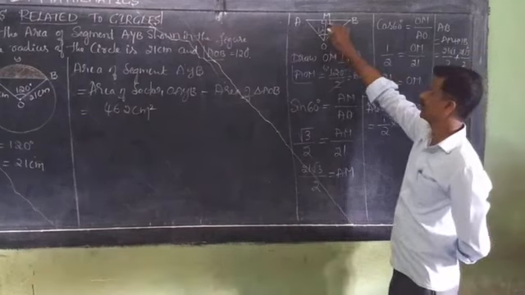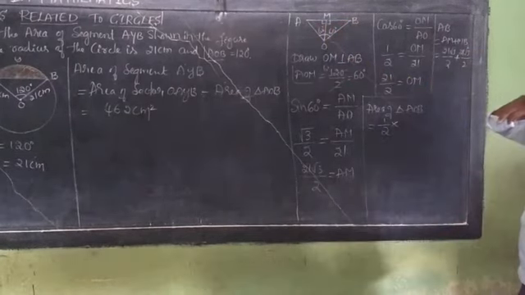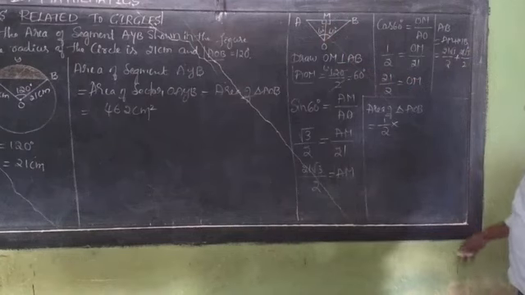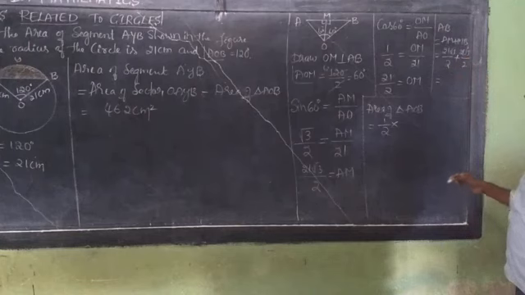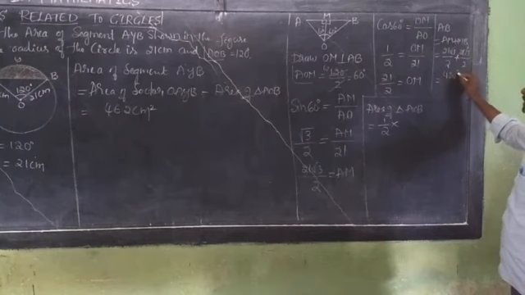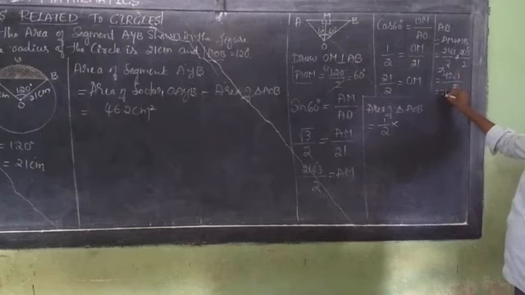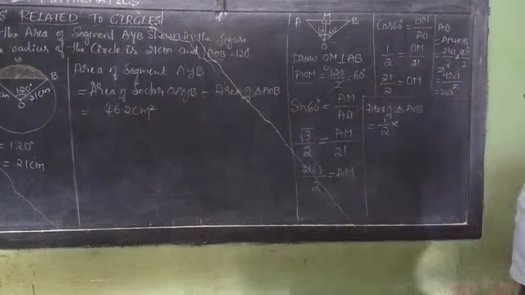Because OM is perpendicular to AB, M is the midpoint. Therefore, AM is equal to MB. Both are 21 root 3 by 2. We have to add that. 21 root 3 by 2 plus 21 root 3 by 2 is 42 root 3 by 2, that is 21 root 3.